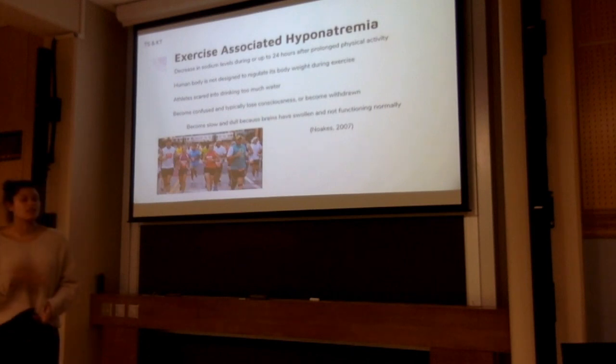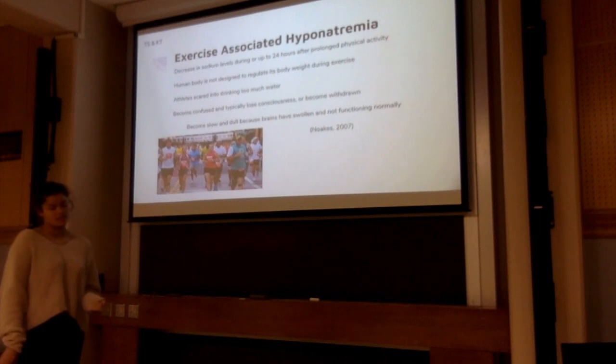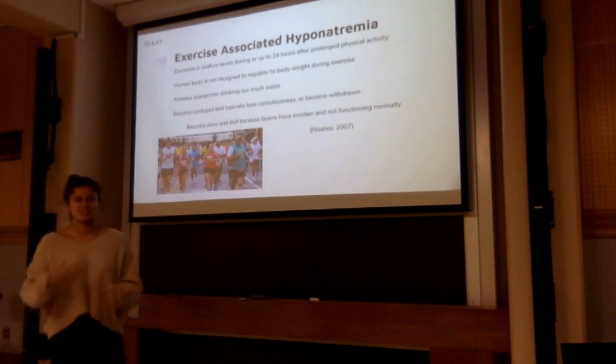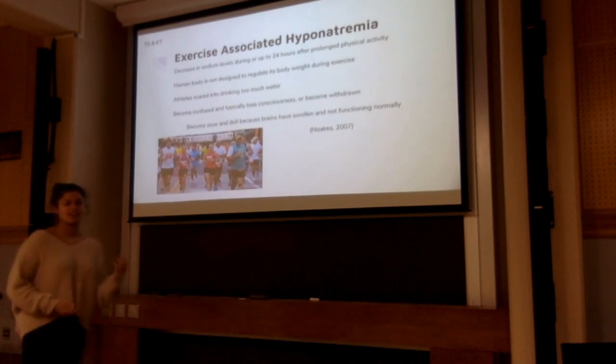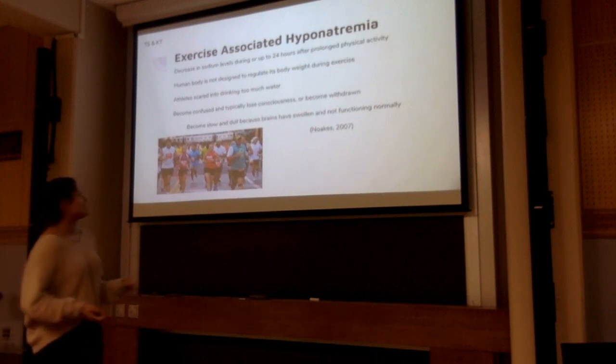And then later on, they become slow and dull because their brains have swollen and are not functioning normally. So we see that it actually has central nervous system impairments, so it leads to even more complications than the ones we talked about, and as Catherine said, coma or death could actually be prevalent from this.